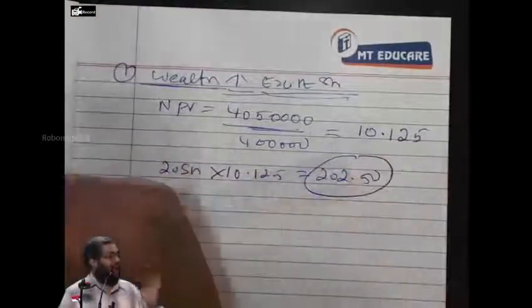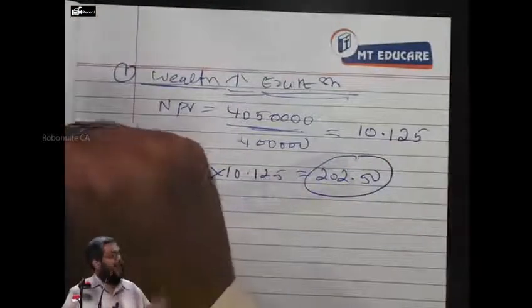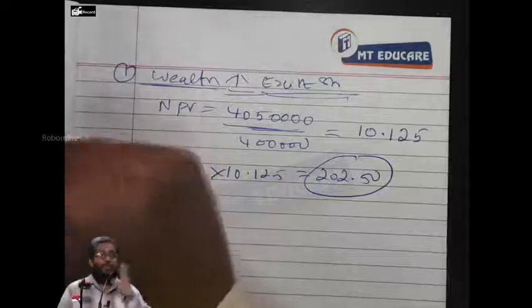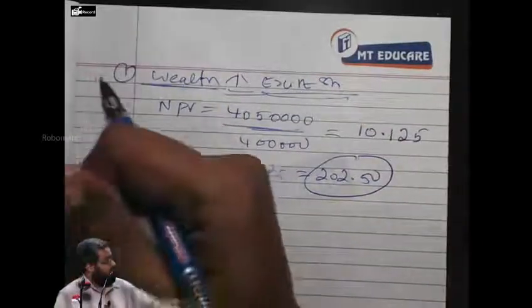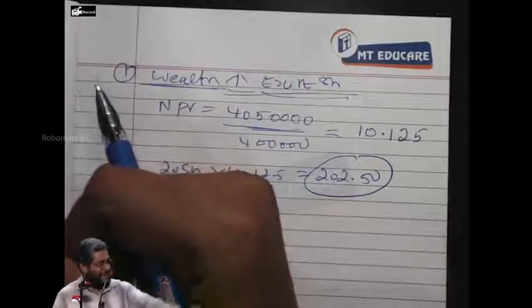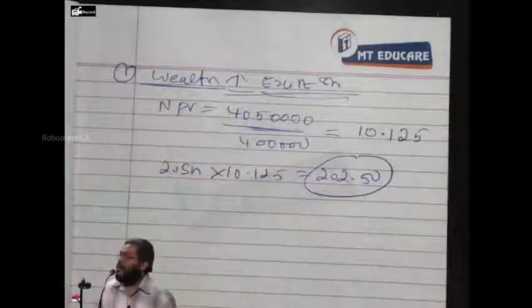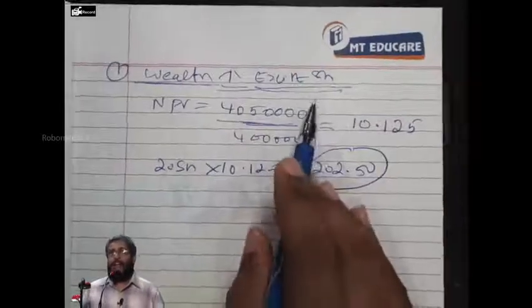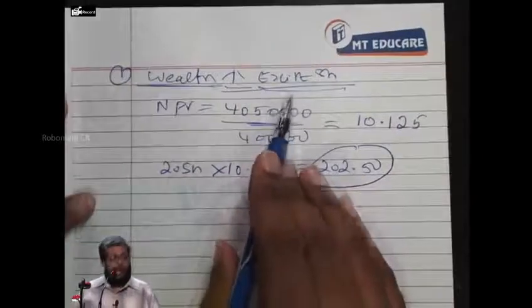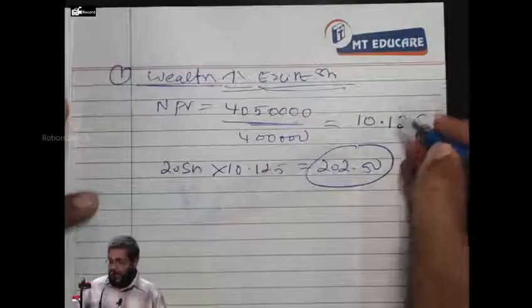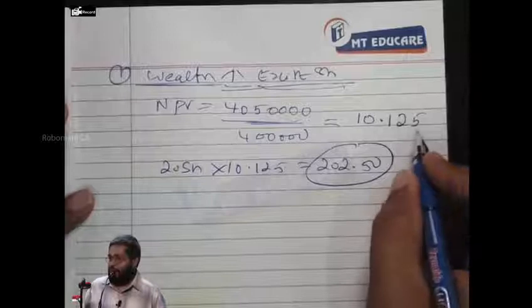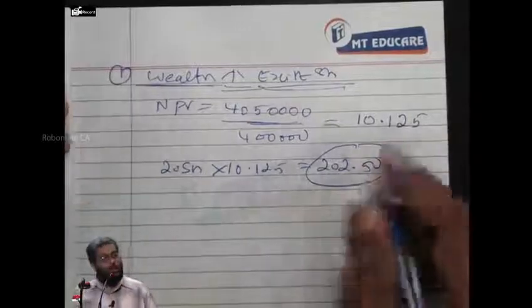This is the calculation. From this, I come to a conclusion that the new project's NPV is fully enjoyed by the old shareholder, giving 0 NPV to the new shareholder, right shareholder, yes or no? And now if you look at this, the entire 40,50,000 amount is not shared by 5,80,000, it is shared by 4 lakh. Then only will be getting 10.125. For 20 shares becomes 202.5.